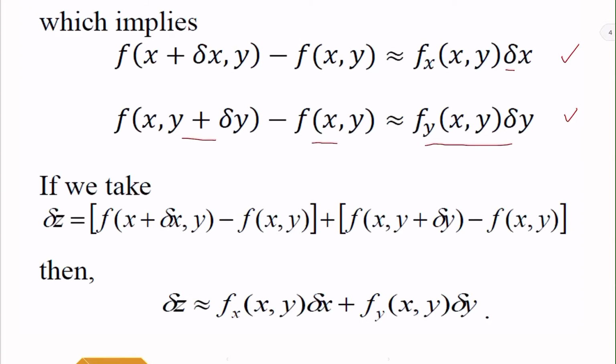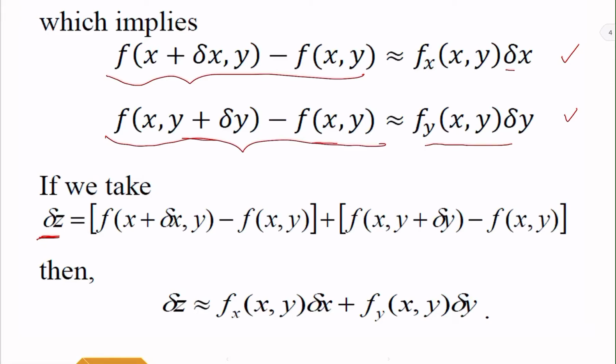Now if we take delta z, we know that delta z is given by the formula. Basically we just take this one here, plus this one.